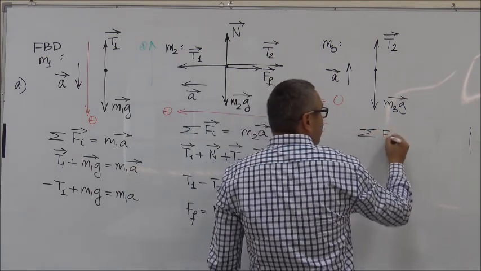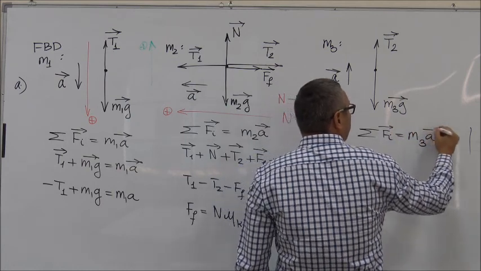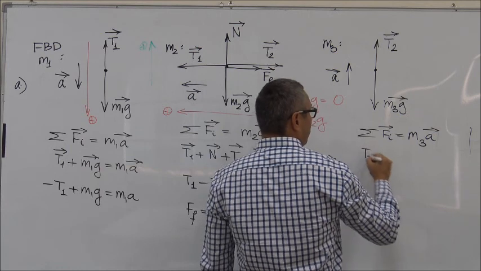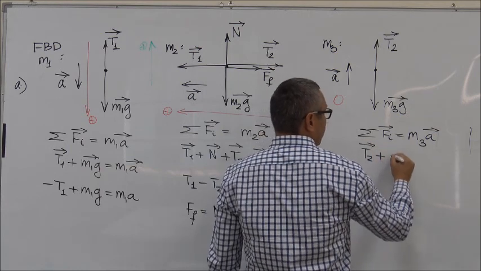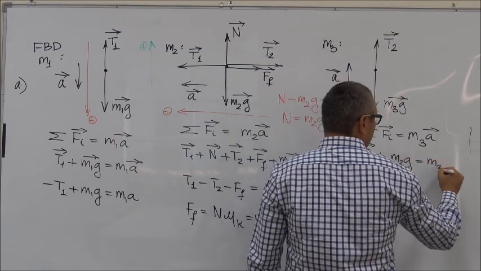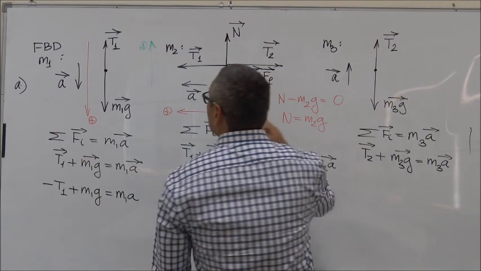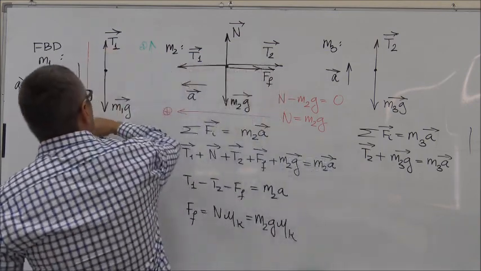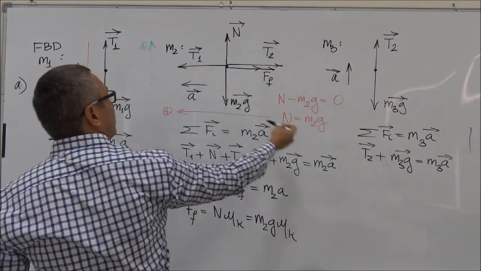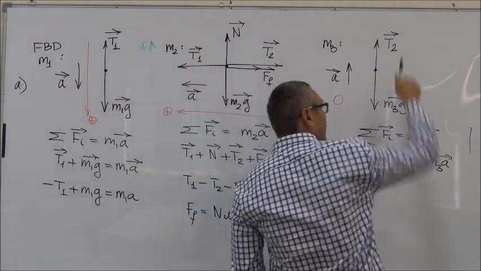Okay? So now let's look at the third mass. Sum of all forces equals m3a: T2 plus m3g equals m3a. Now, remember, we've chosen the downwards direction for M1 as positive, so the positive direction for M3 would now be upwards.